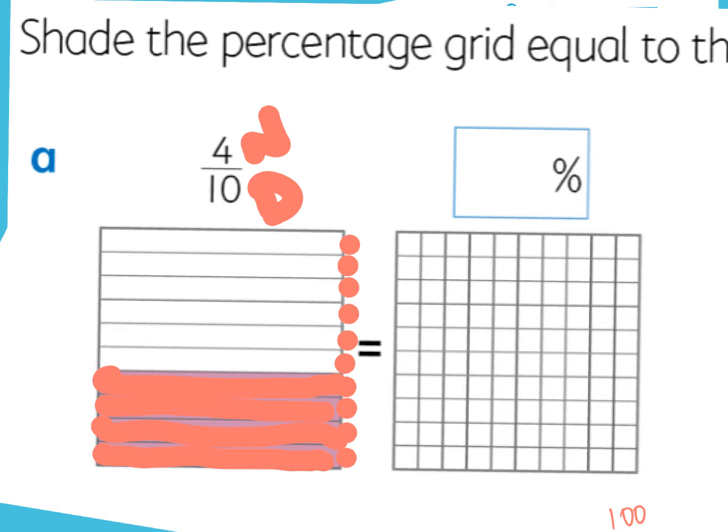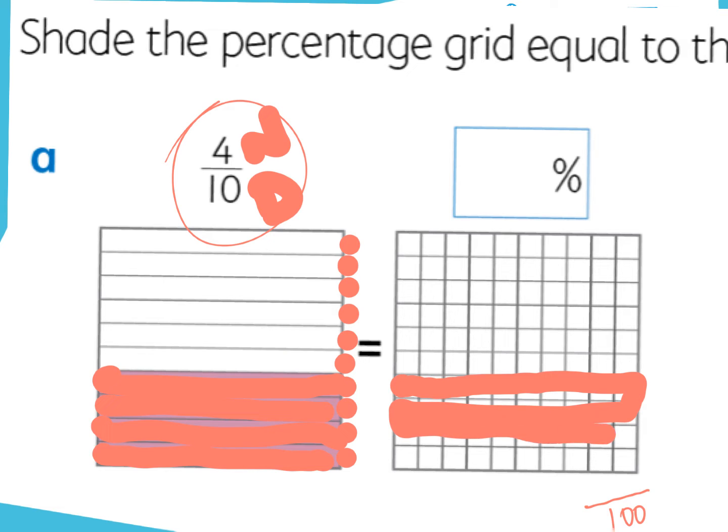So we know that as a fraction, this is going to be out of 100. What we actually need to do is shade in 4/10, okay? So I'm going to go back to my bigger pen size, and I'm going to shade those in. So I'm going to shade 4/10. I'm going to shade in the same level here. I'm going to go like this, okay, all the way through.